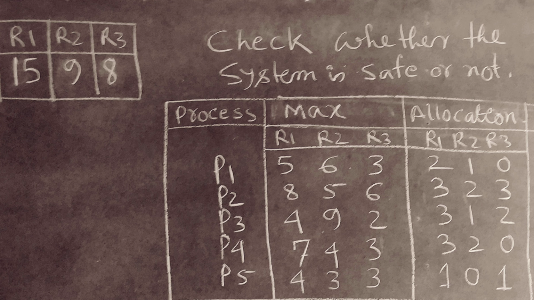In our previous video, from this table we calculated the need matrix, because the condition is that if need is less than or equal to the current available, then we can proceed and choose processes one by one. If you want to see it, the link to the previous video is given here. Here we concentrate only on the same numerical problem, but with the resource request algorithm.